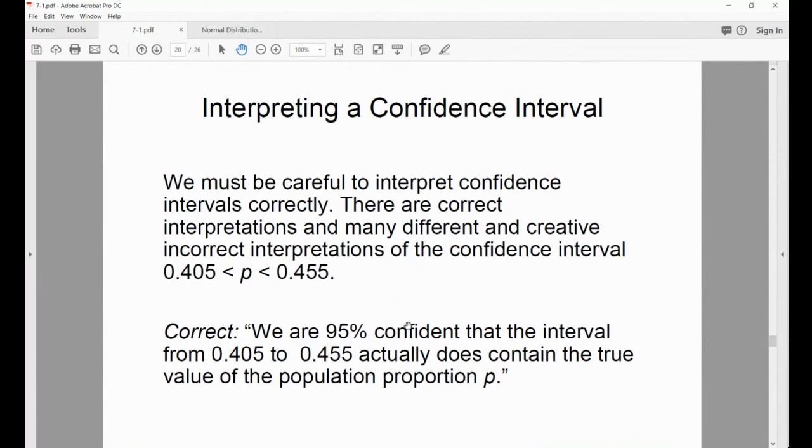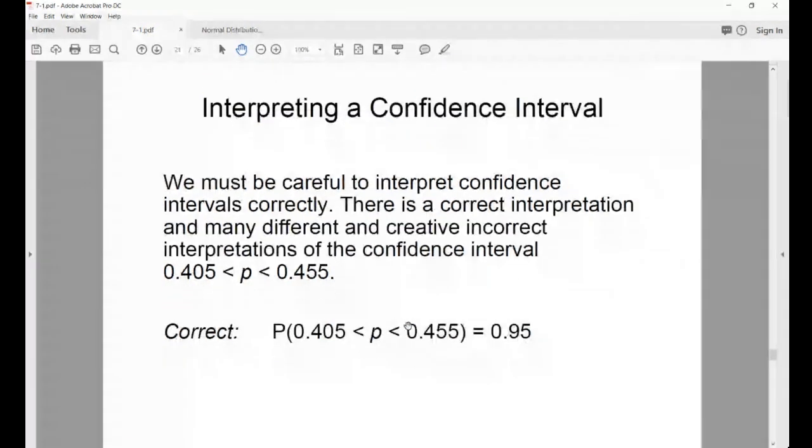So another way to interpret the confidence interval is saying that the probability that the population proportion P is between 0.405 and 0.455 is 0.95.